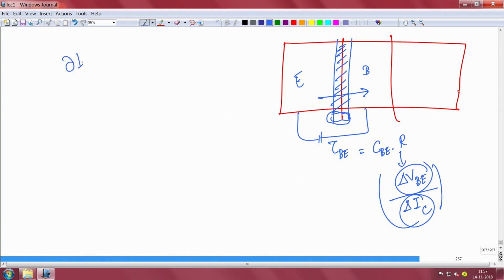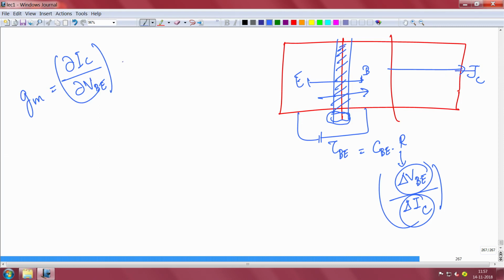Input voltage is the voltage here, so dVBE. This is called transconductance, and it gives you essentially how much is the tunability of the transistor, like how much the output current is changing with respect to the input voltage.